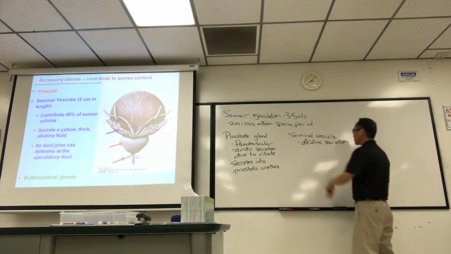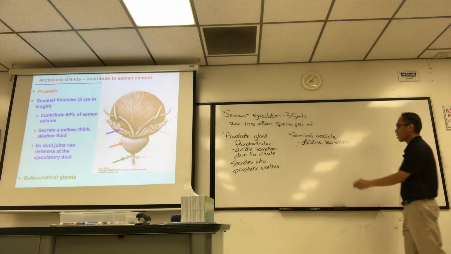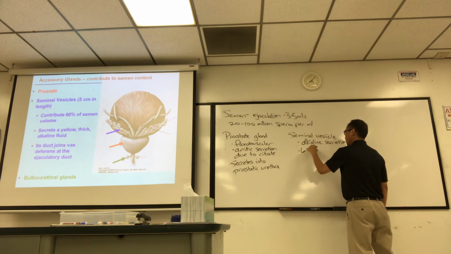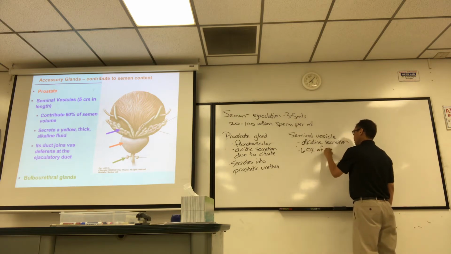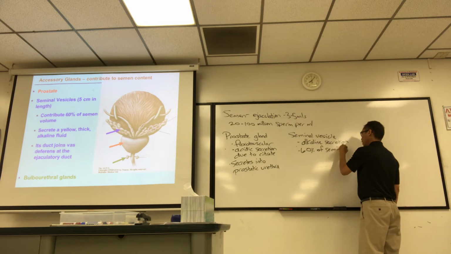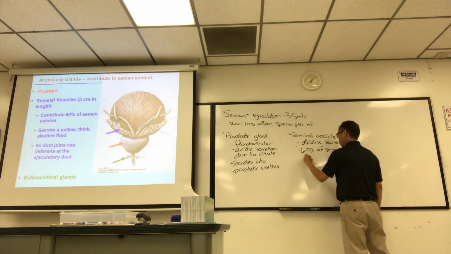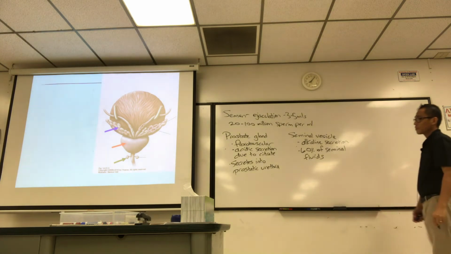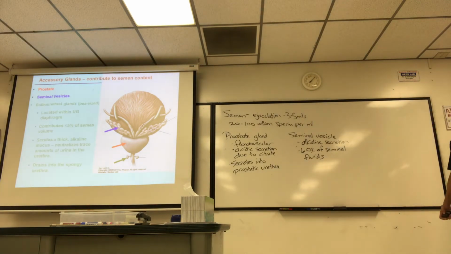That's all I'll say. It's just the alkaline secretion, but it is about 60% of the seminal fluids. That little green one, shaped like a pea, is called the bulbourethral gland.